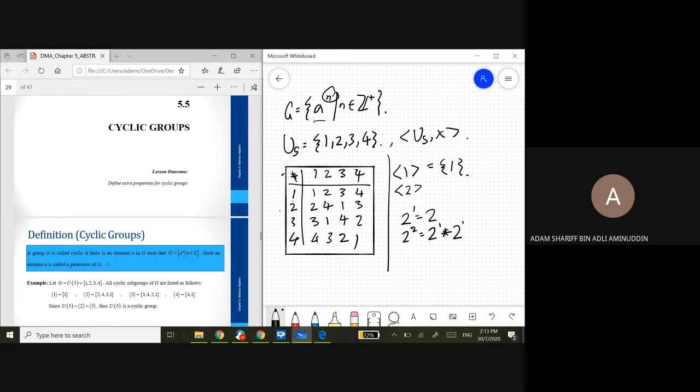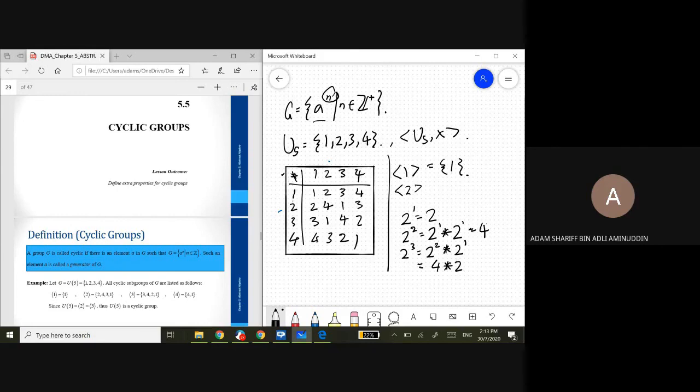Based on this Cayley table, 2 binary operation with 2 is 4 modulo 5, which is still 4. 2 to the power of 3 is 2 to the power of 2 binary operation with 2. This one I do one more step. 2 to the power of 2 is 4, 4 binary operation with 2. Dapat apa?